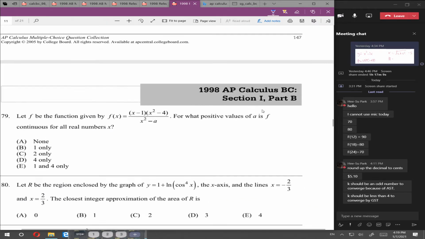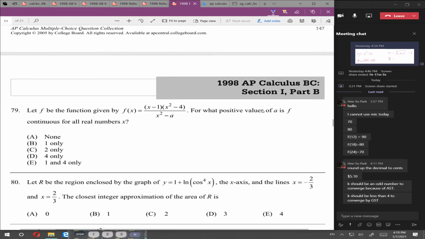All right. For 79, I want to know what positive values would allow f to be continuous for all real numbers. Andrew, it looks like we've only got a couple options, 1, 2, and 4, looking at our answer choices. So if I plug in x equals 1 right now, will this be continuous for all real numbers?